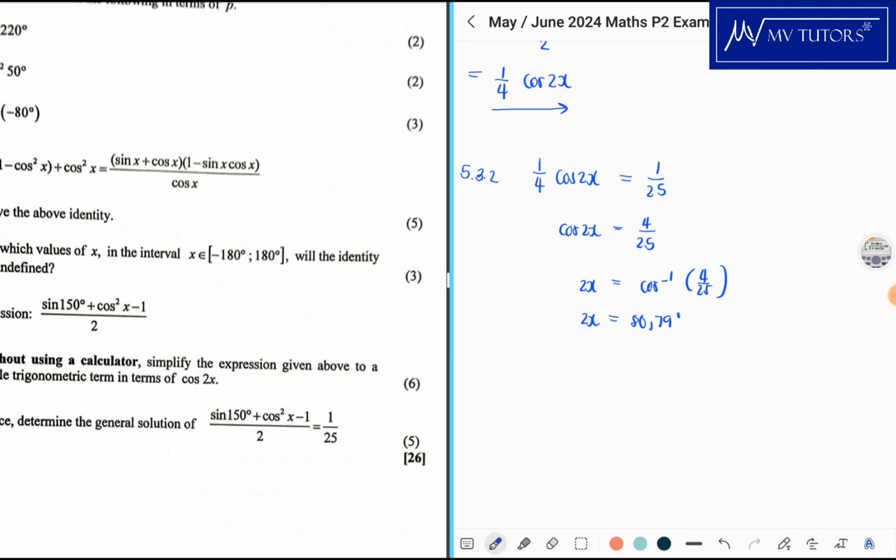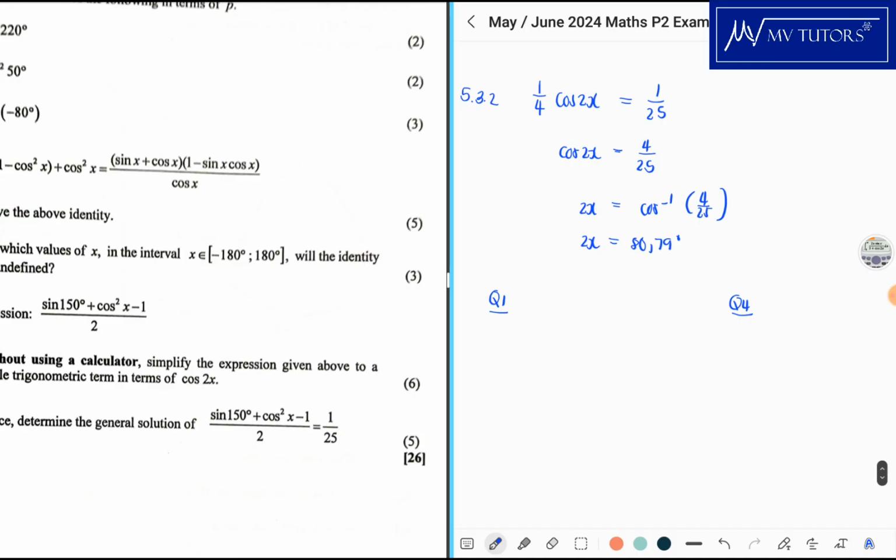Okay, so I need to see where cos is positive. Cos is positive in the first quadrant and also in the fourth quadrant. So in the first quadrant, I'm just going to say 2x is equal to 80.79 degrees plus k times 360, because that's the period of a cos function.